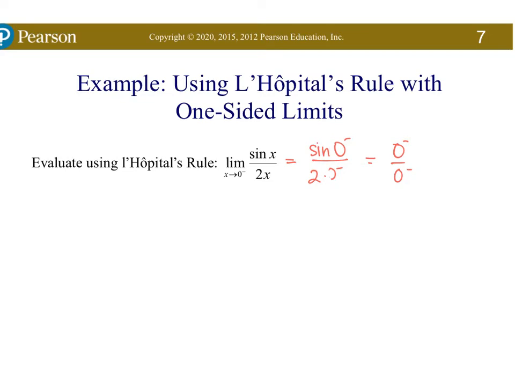So you can still apply L'Hopital's rule in this situation. We're just applying it to one side. And so the derivative would be cosine of x over 2. And the cosine of 0 from the left over 2 is 1/2. Or 1 from the left, technically.